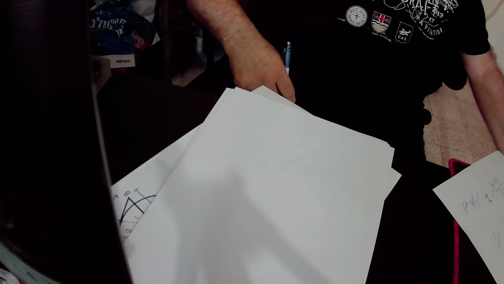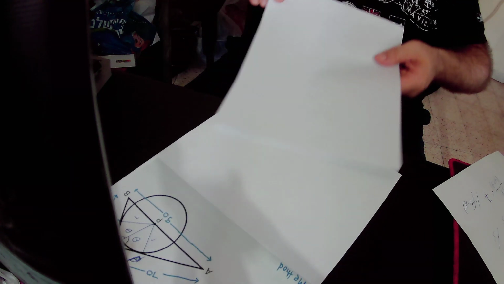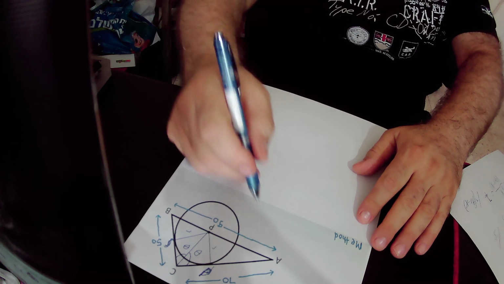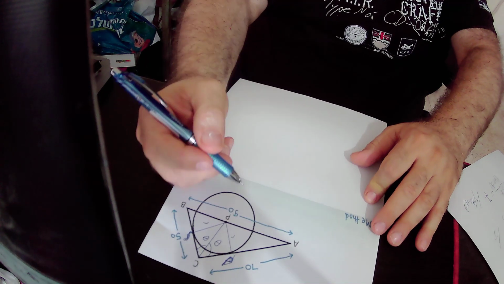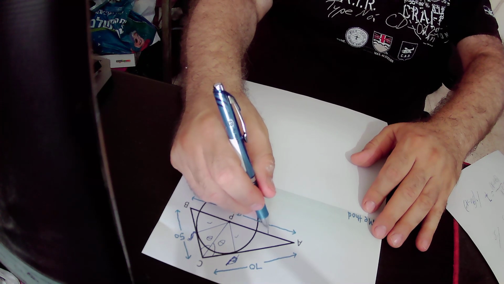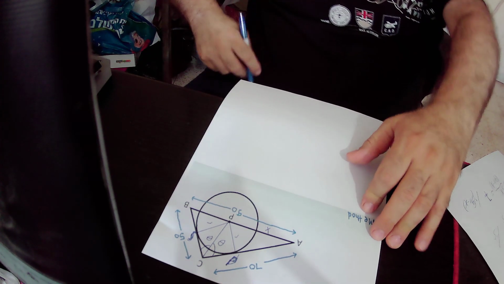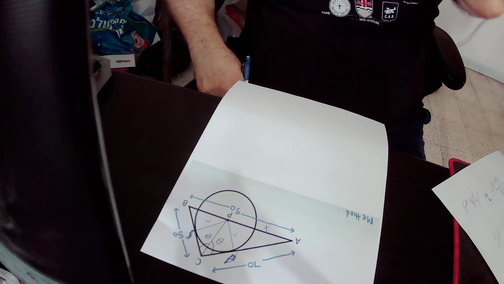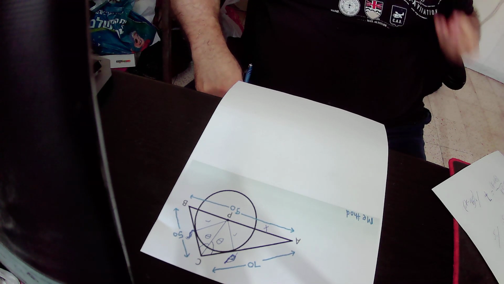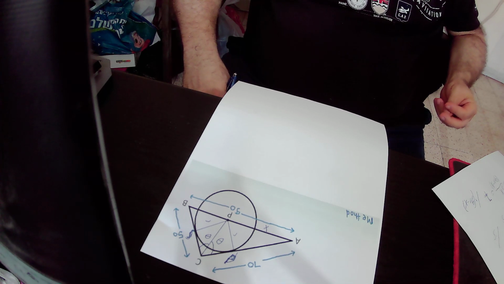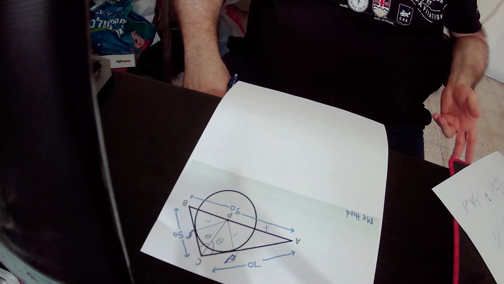And as you can see in the picture, X is less than 90, so 90 minus X is a positive number. It can never be zero.